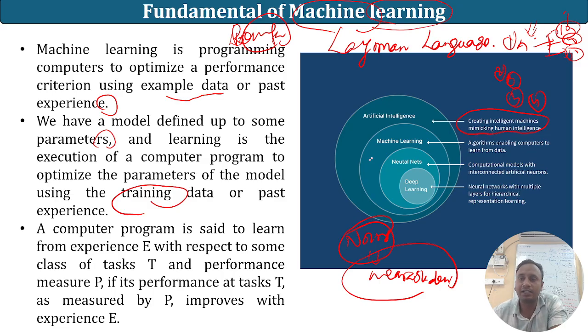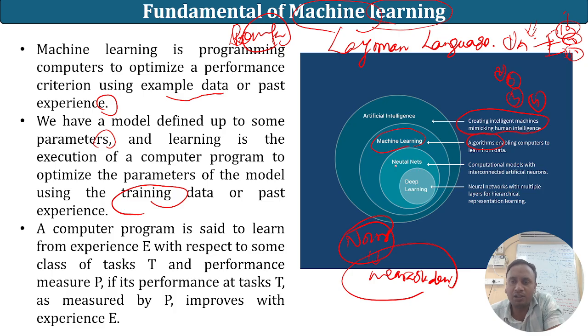Within AI comes machine learning, where algorithms enable computers to learn from data. In machine learning, statistics plays a crucial part, because we have to generate an algorithm or probability to make decisions. That comes under machine learning.